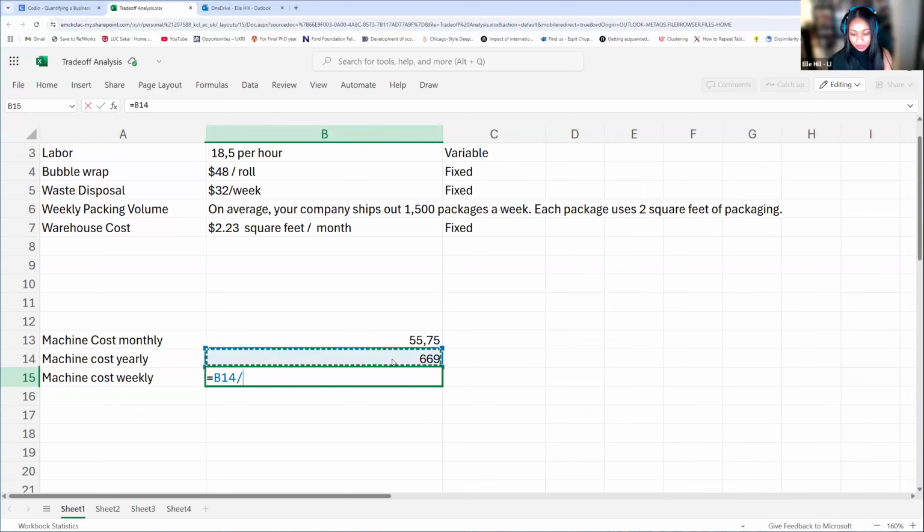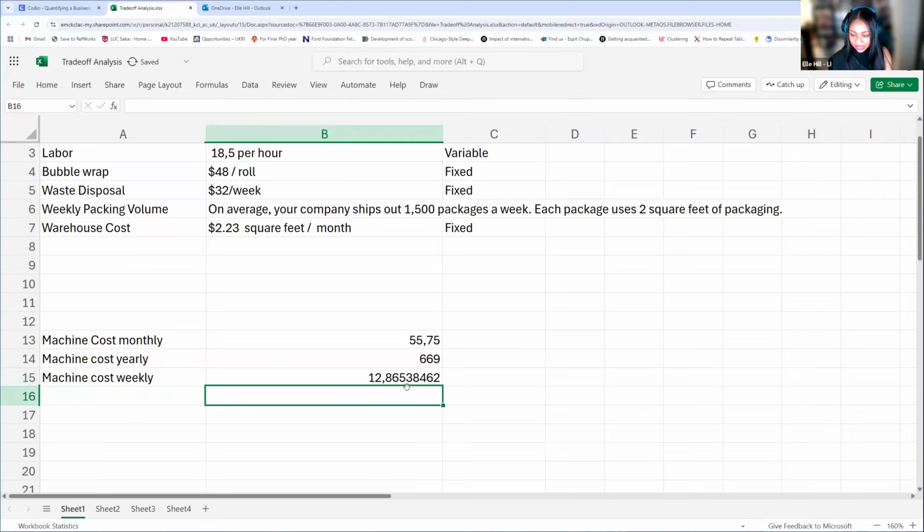And that gives us, it's good to round this up since this is like 5 and change. So it'll be 12.87. It's better to round this up. So it's going to be $12.87 per week.